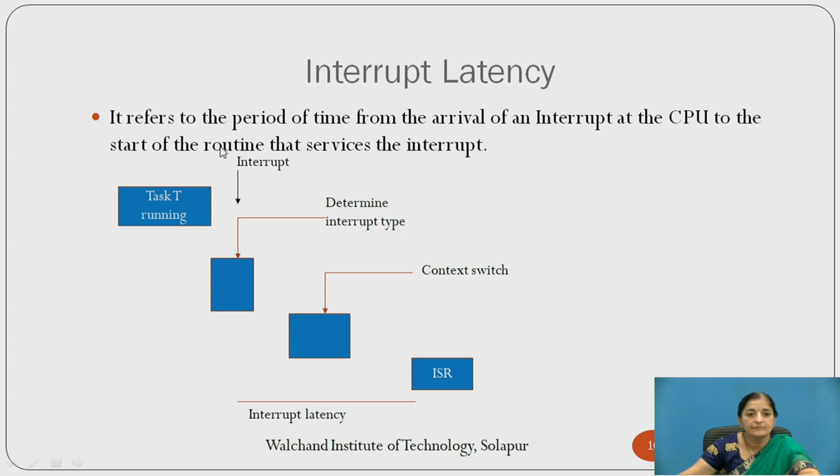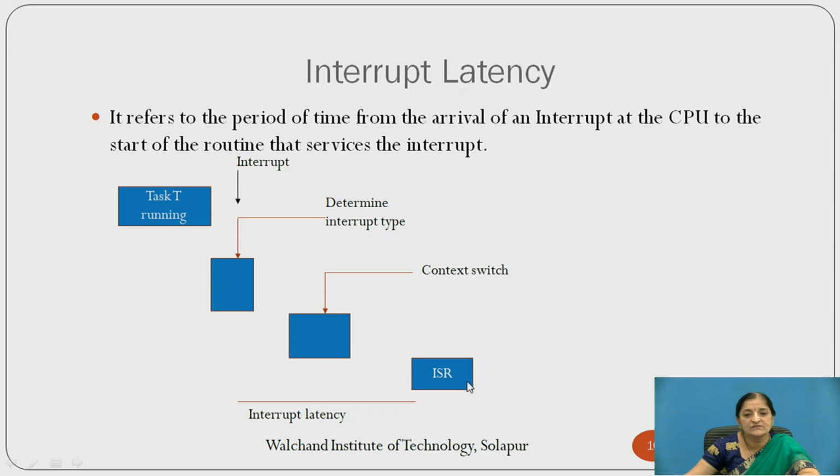So if you see here already one process is running. While it's running, an interrupt has occurred. So this module will determine the type of interrupt. After determining the type of interrupt, it will result into context switch. That is, it will suspend the currently executing process and a new process starts executing. That is, new process is nothing but the interrupt service routine.